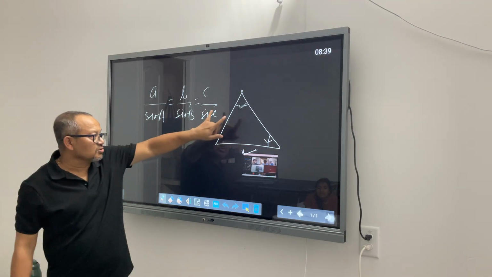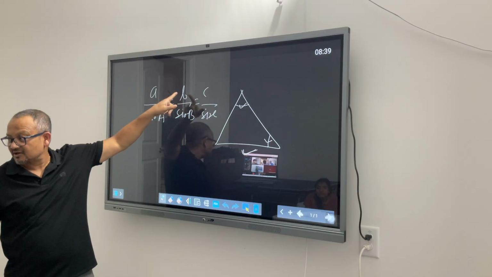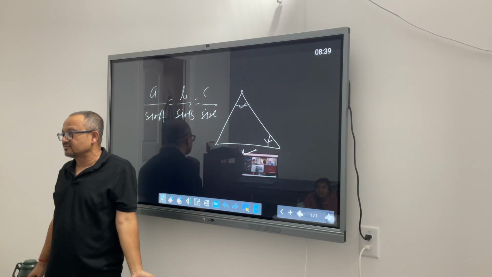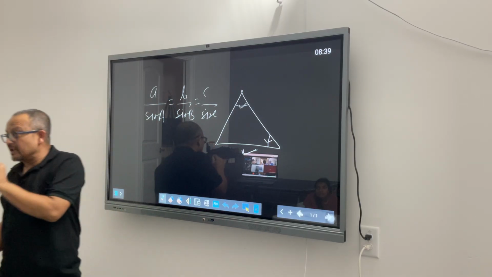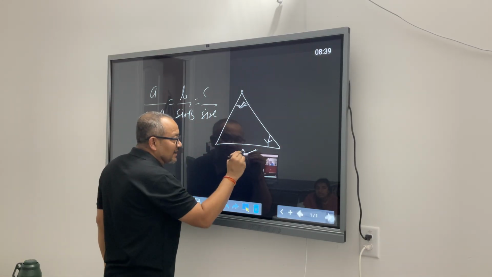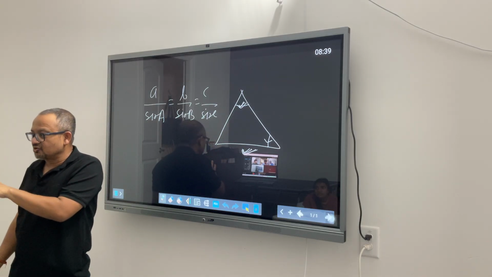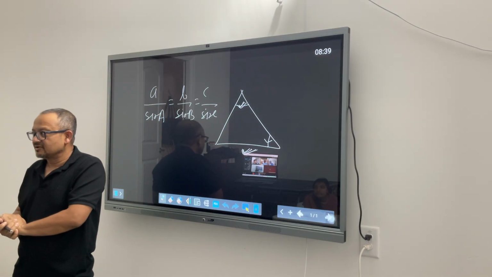If I know two sides, two angles, third angle, I can anyways find and plug it here. I can find the third side connected also. So simple judgment is, if you see an angle and side opposite to that known, even if one combination is known, you are good to use law of sine.